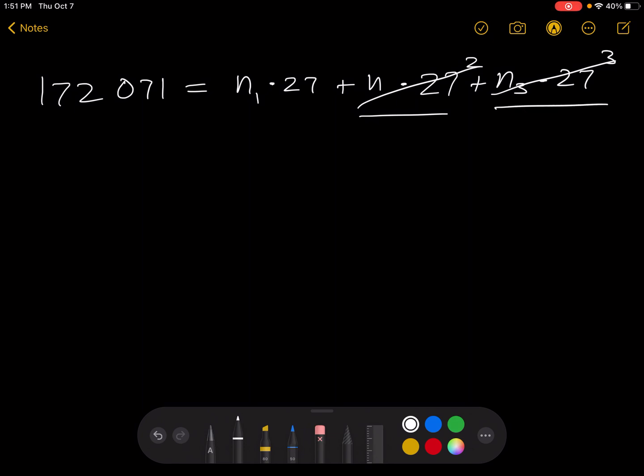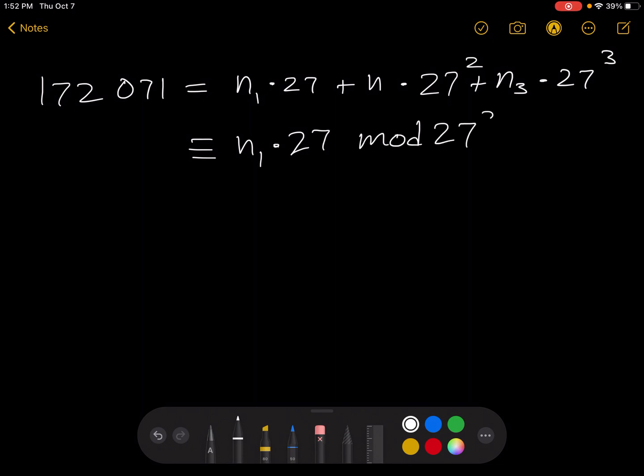And this becomes 0 because 27 cubed is congruent to 27 squared times 27, which is congruent to 0 times 27, or 0 mod 27 squared. So now looking at this equation mod 27 squared, on the right-hand side, we just get n1 times 27 mod 27 squared.